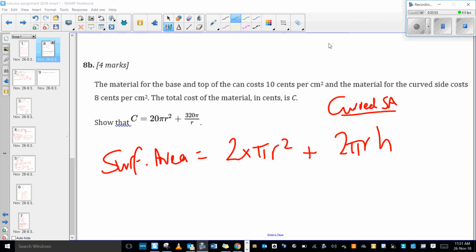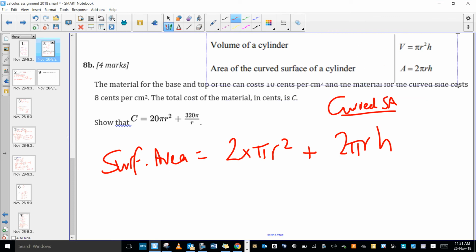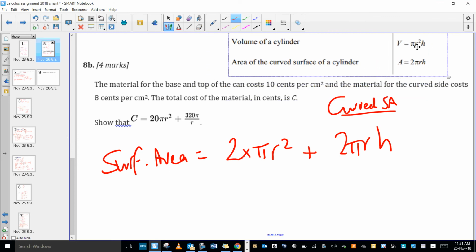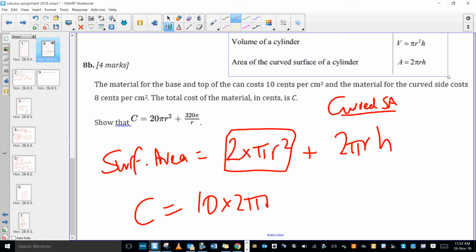Okay, I thought I'd show you these things from the formula booklet. So that was from the question above, and this one. So the curved surface area is 2 pi r h. If that's the surface area, then the cost of it is going to be these multiplied by 10 cents, so 10 multiplied by 2 pi r squared, and this is going to be multiplied by 8 cents, so that's 8 multiplied by 2 pi r h.